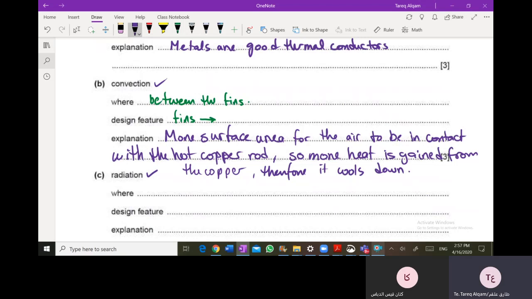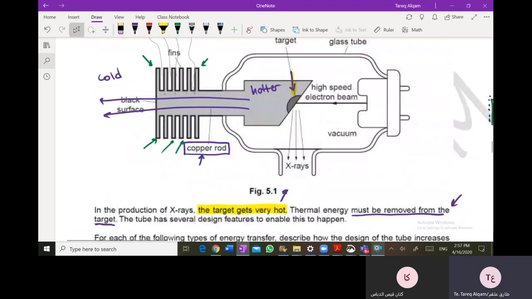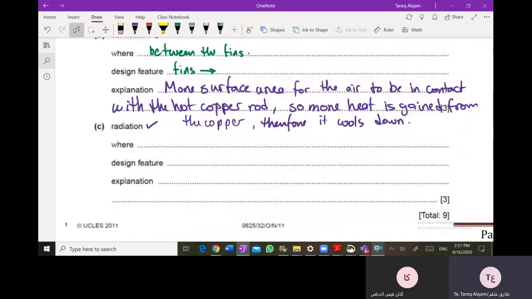Okay. Now radiation. The end of the tube is painted black. Why? Because black will be a better emitter. So if it emits more heat, the copper rod becomes colder.